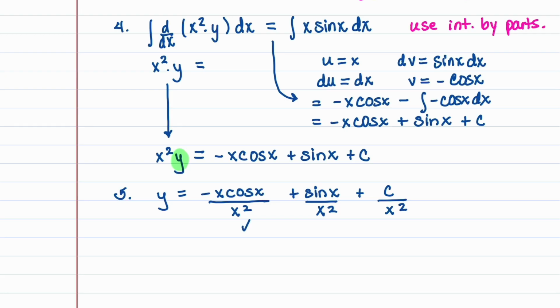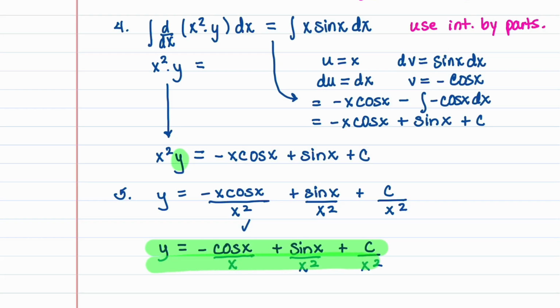So let's do that. And we end up with y is equal to minus cosine x all divided by x plus sine x divided by x squared plus our c divided by x squared. And that's the solution to our differential equation.